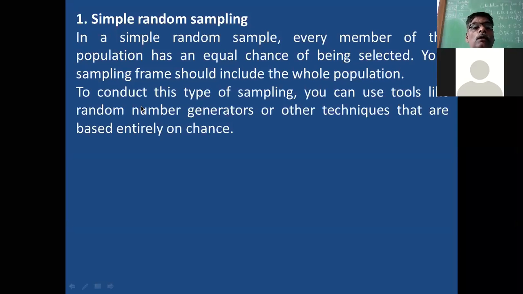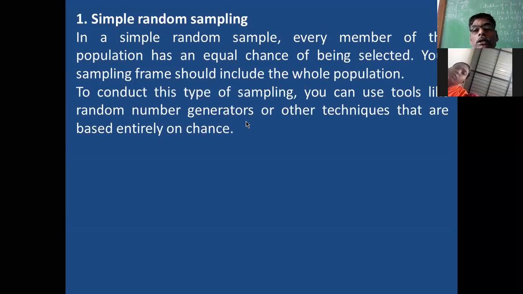And second, to conduct this type of sample, you can use tools like random number generators, or other techniques that can be used entirely on the basis of chance. Random selection, you know it.